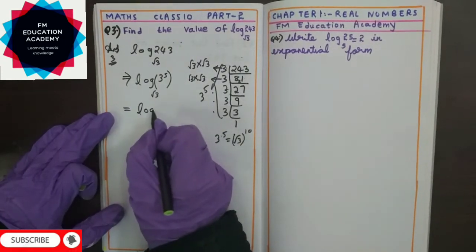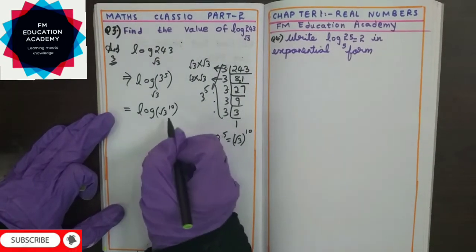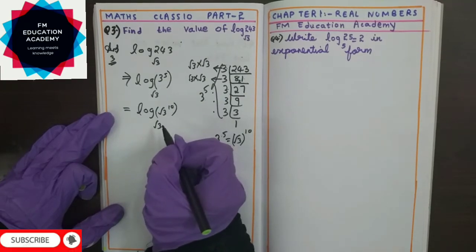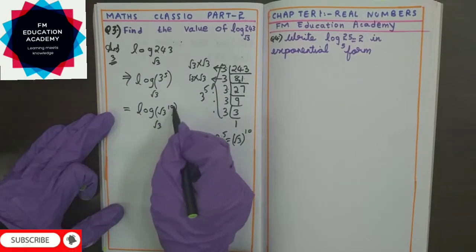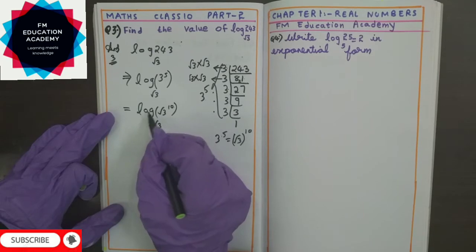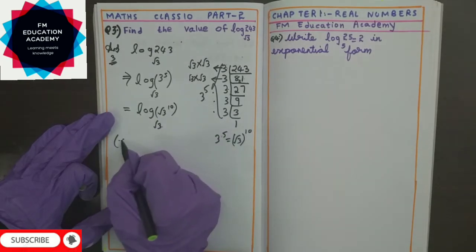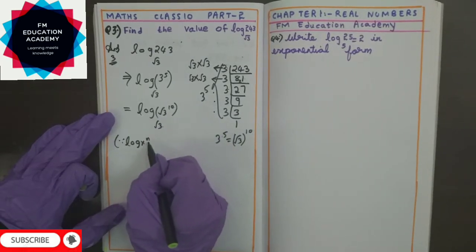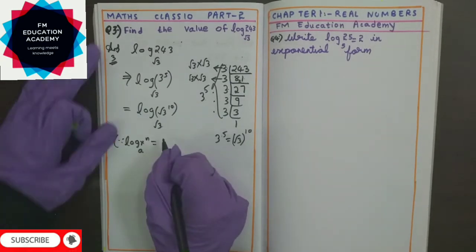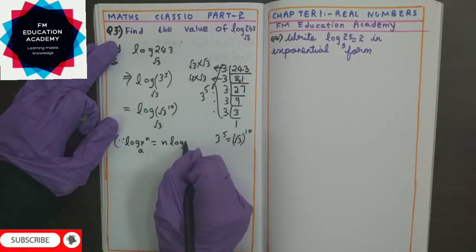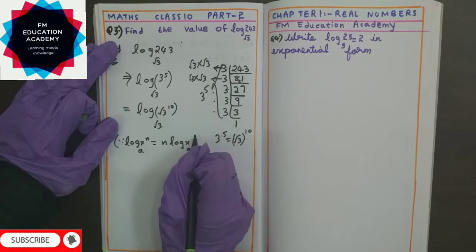So we can write log root 3 power 10 to the base root 3. This is in the form of log x power n to the base a. Log x power n to the base a is n log x to the base a.